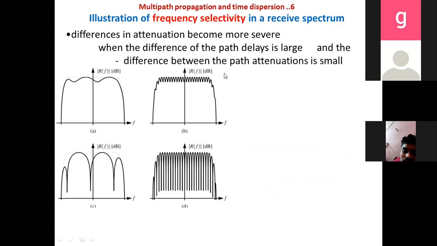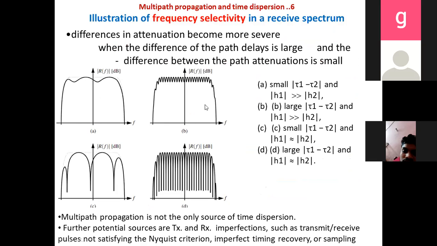Let me consider what will happen. First, in the frequency domain, for the receiver, we have seen that with the transmitter and receiver, because of two multipath components, two paths with delays tau1 and tau2, there was a big equation with R of f, the frequency domain form of the received signal.